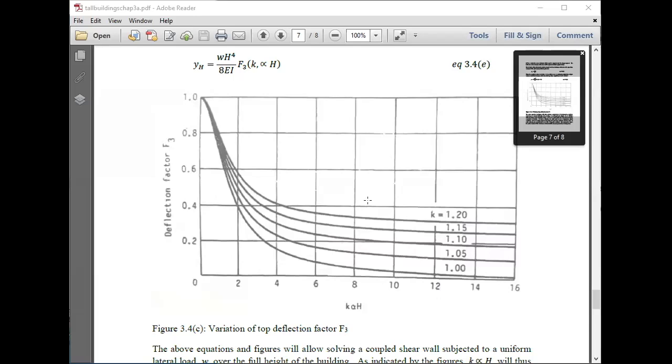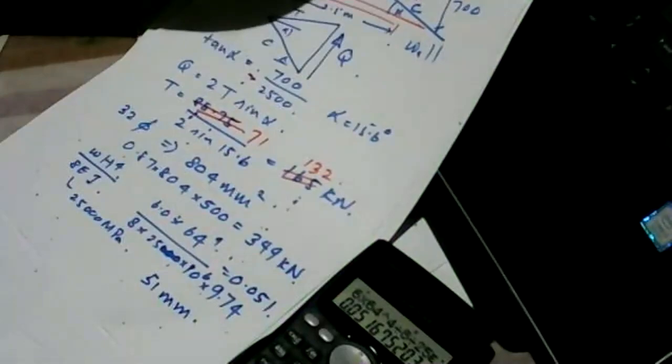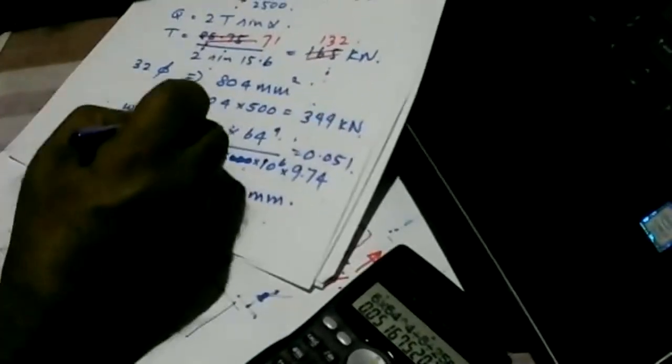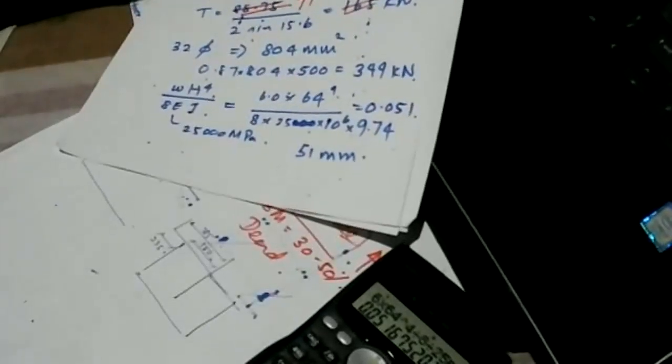So you get a deflection of 0.051 or 51 millimeters without coupling action. And then when you have the coupling action, the deflection will be 20% of that, which will come to only about 10 millimeters. So this is the deflection.